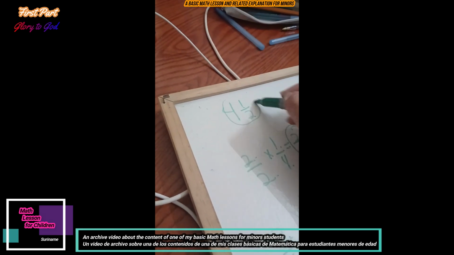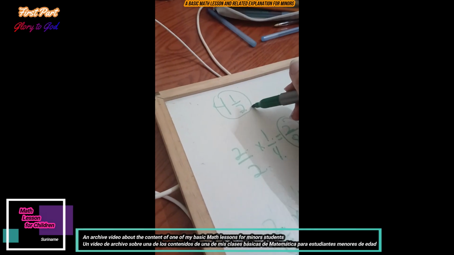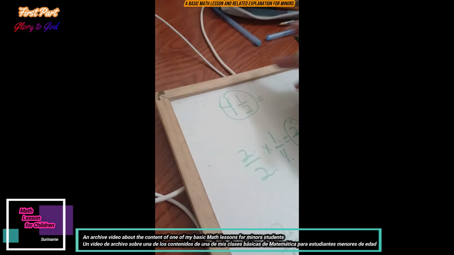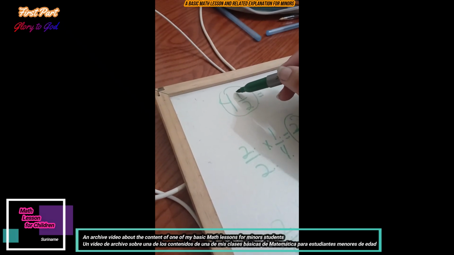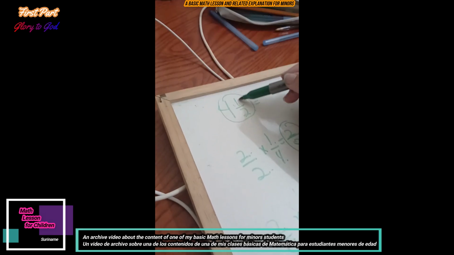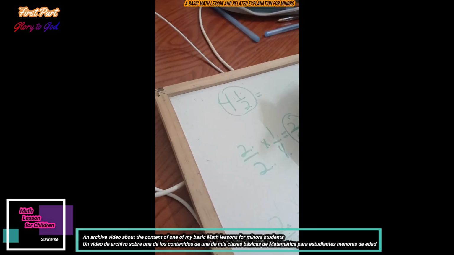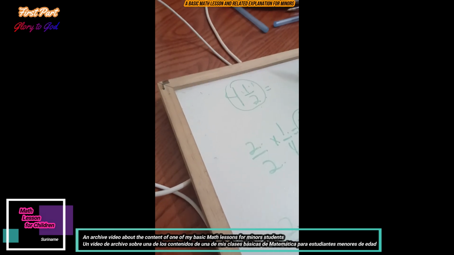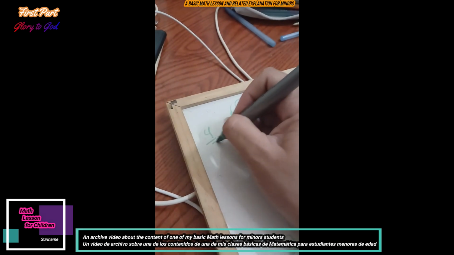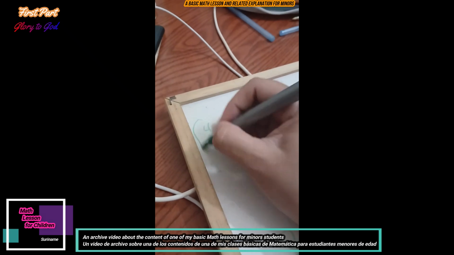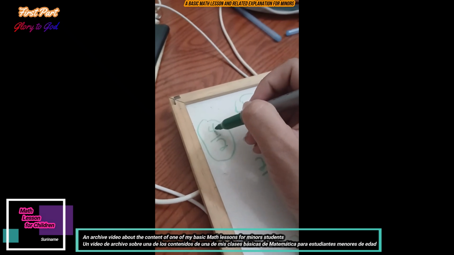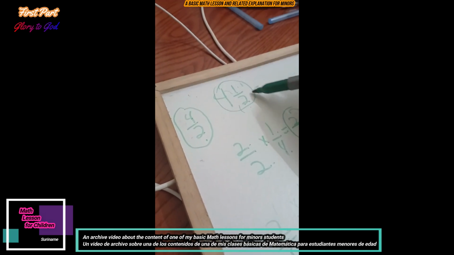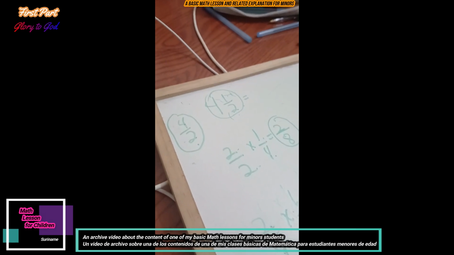You have to make this mixed fraction an improper fraction. An improper fraction is when the numerator is bigger than the denominator, for example 4 here and 2 here. This is called an improper fraction. So we have to convert this into an improper fraction.